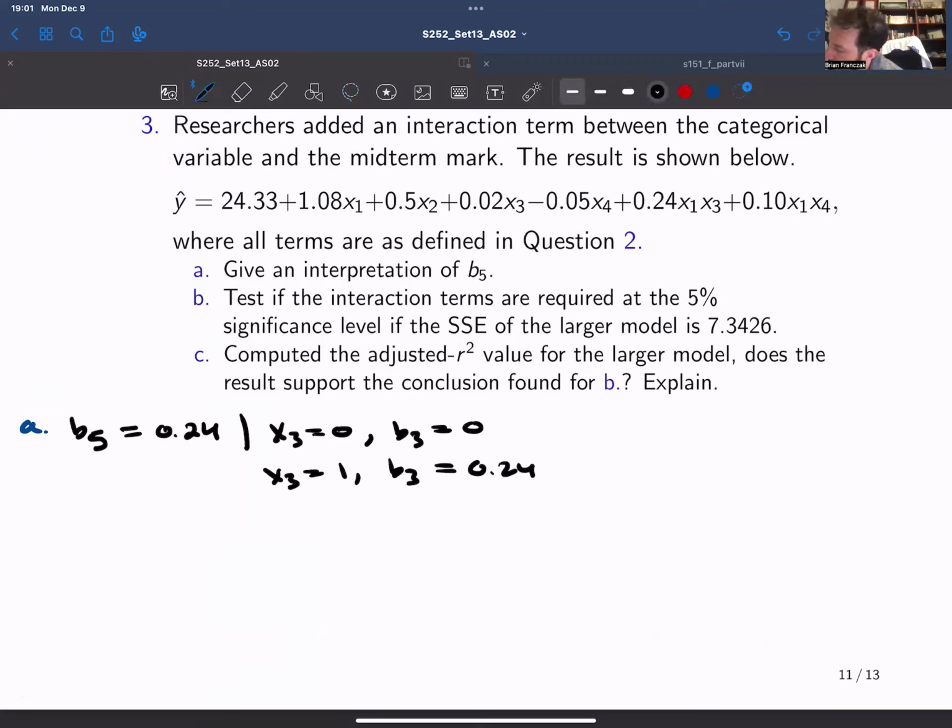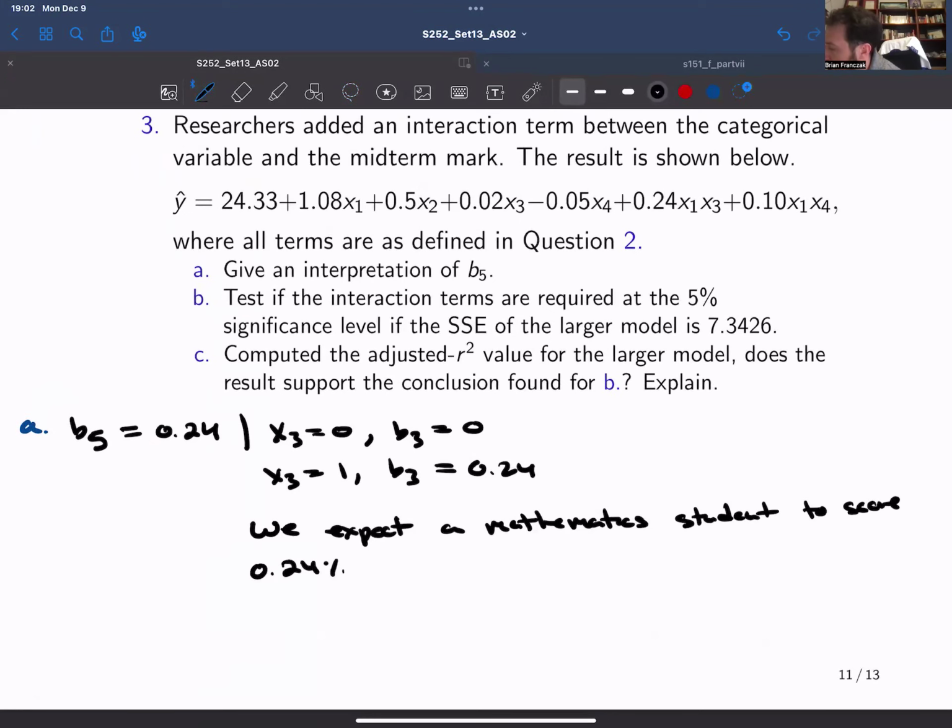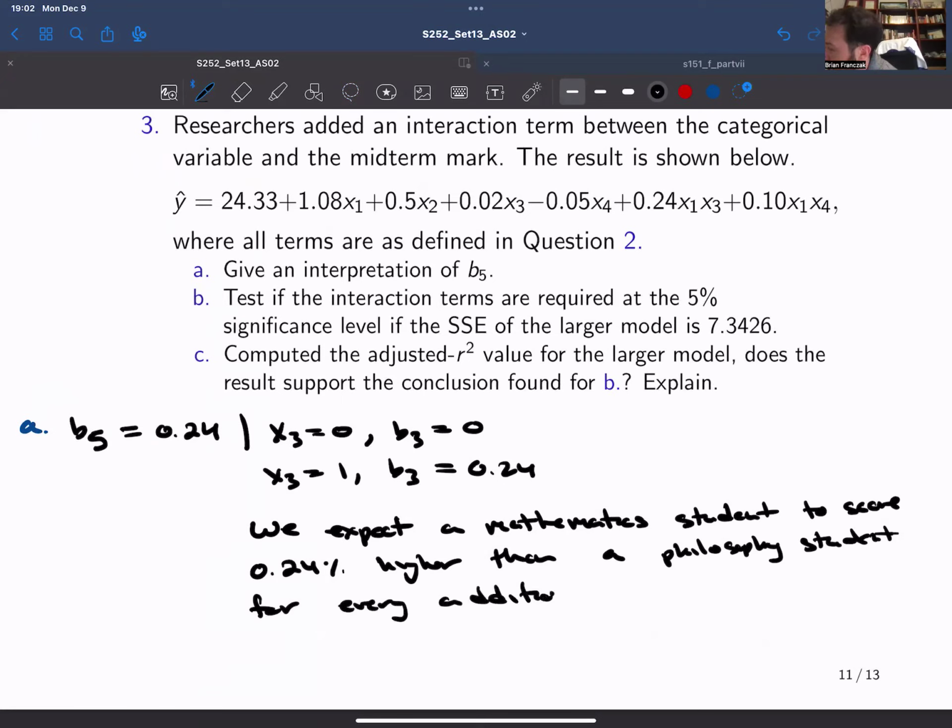So what we can say here is we expect a mathematics student to score 0.24% higher than a philosophy student for every additional percent earned on the midterm, right?